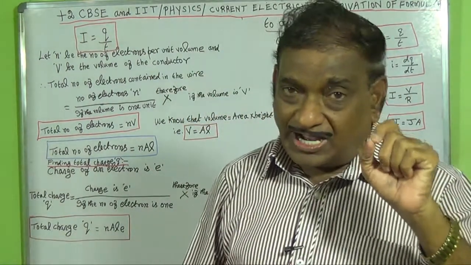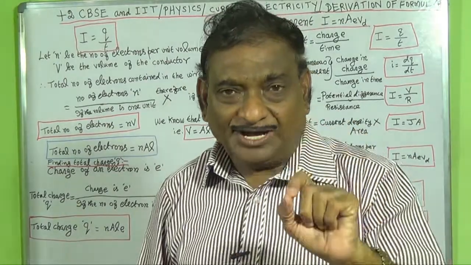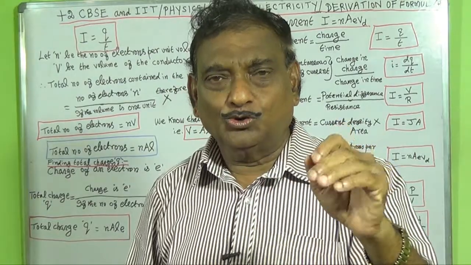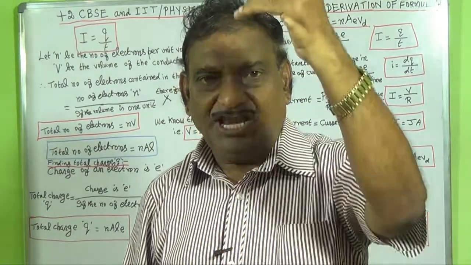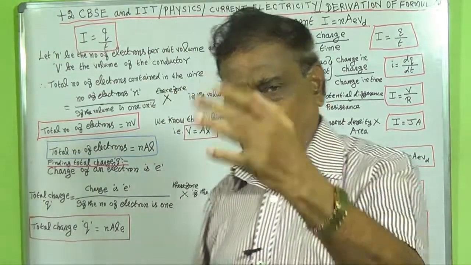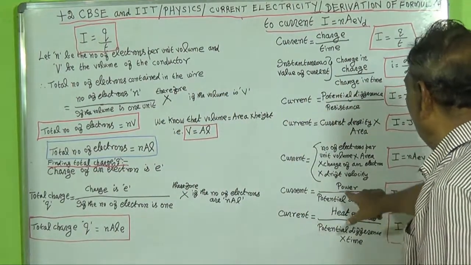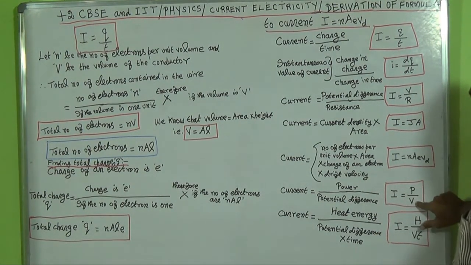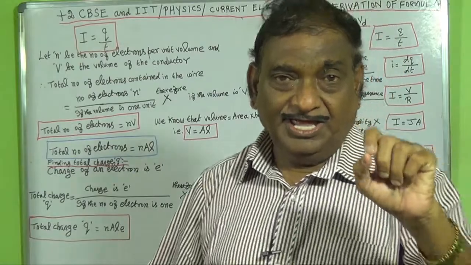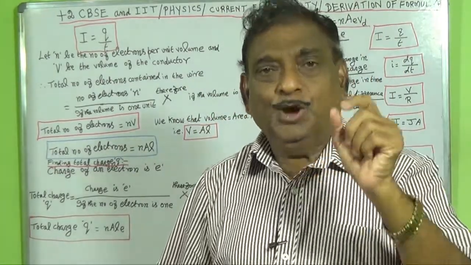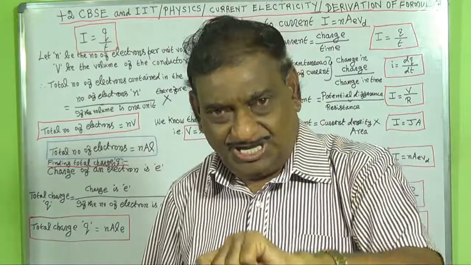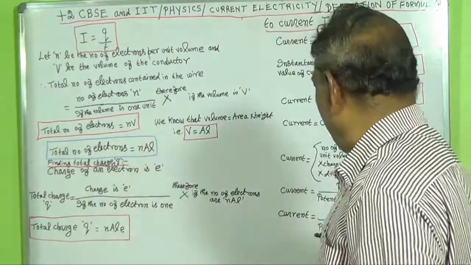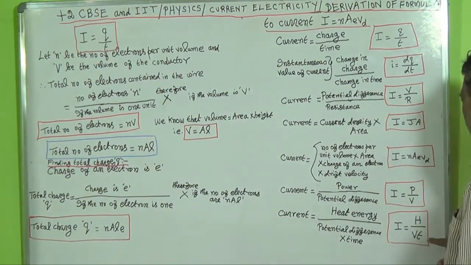Then the formula for the current relating electric power and potential difference is I equal to P by V, that is electric power by potential difference. Current equal to power by potential difference, I equal to P by V. Then the formula for the current relating heat energy, potential difference and time is I equal to H by Vt.